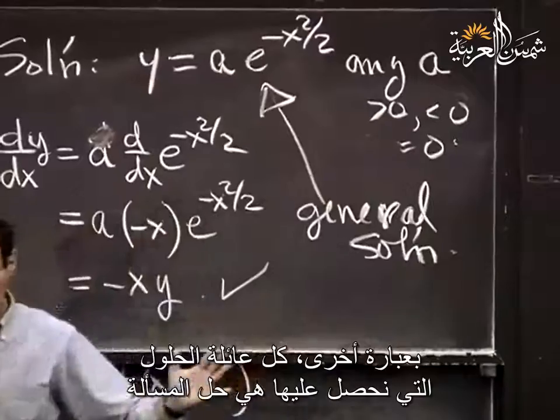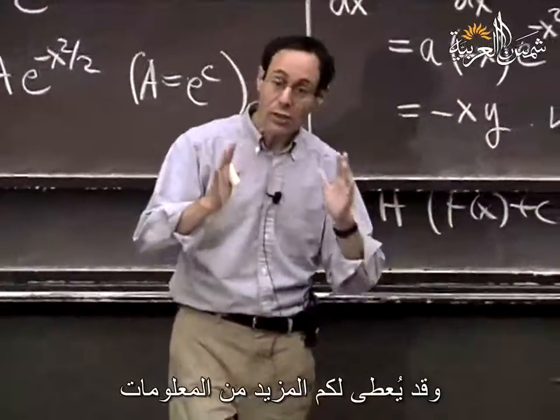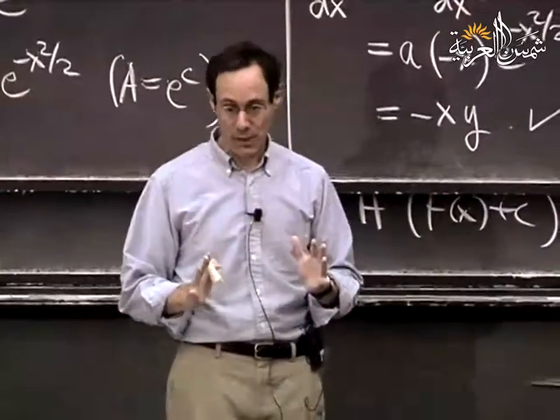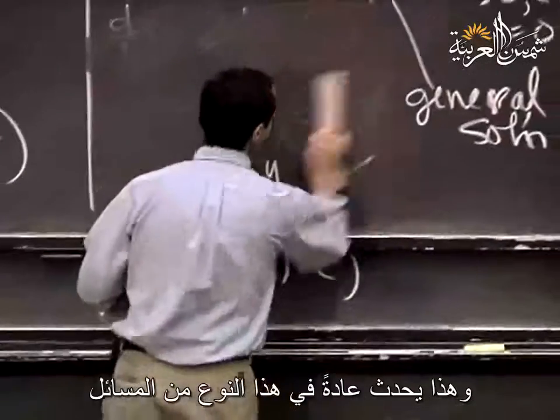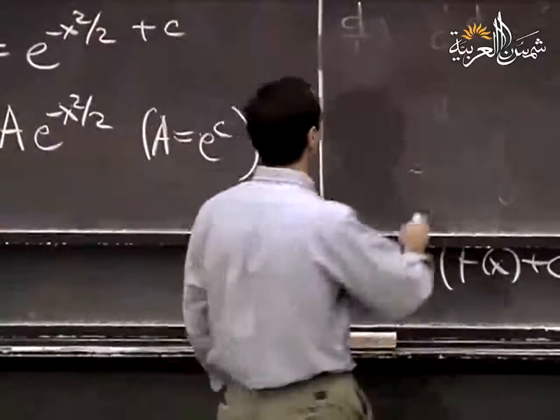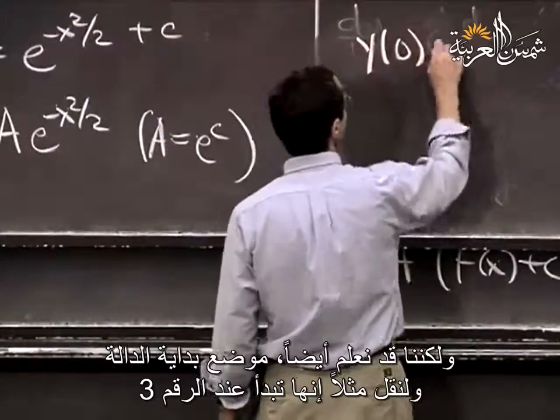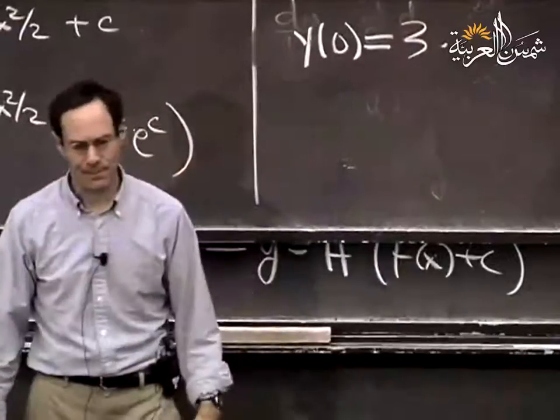In other words, the whole family of solutions is the answer to the question. Now, it could be that you're given extra information. If you're given extra information, and this is very typical in such problems, you have the rate of change of the function, which is what we've given, but you might also have the place where it starts, which would be, say, it starts at 3.